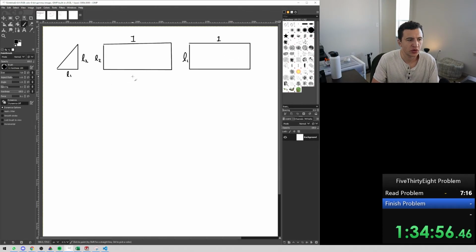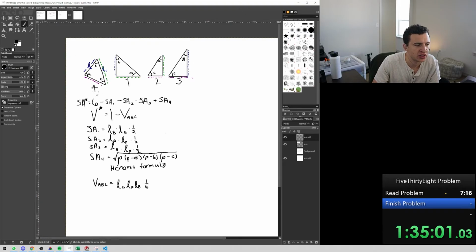And so again, we'll write out our equations like we did here for the surface area star, volume star, and how we get those.